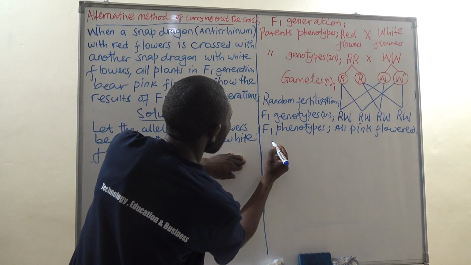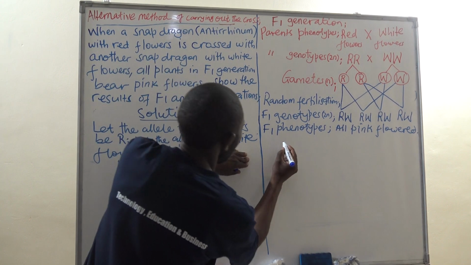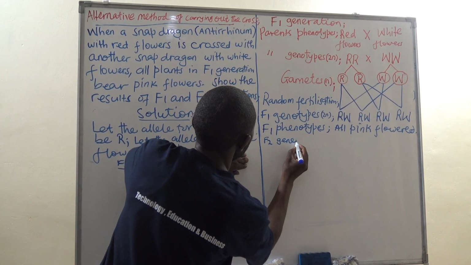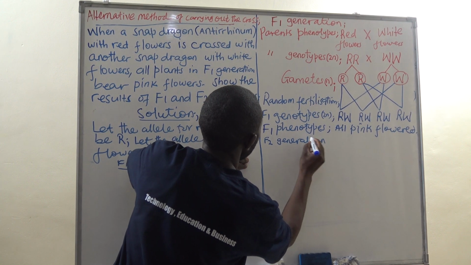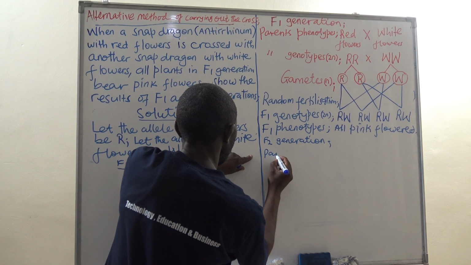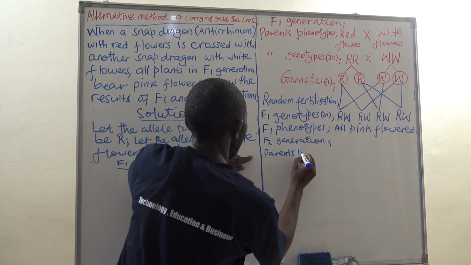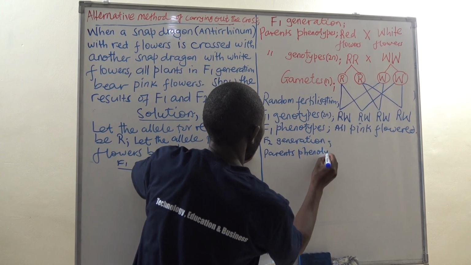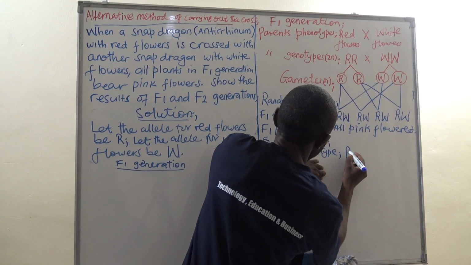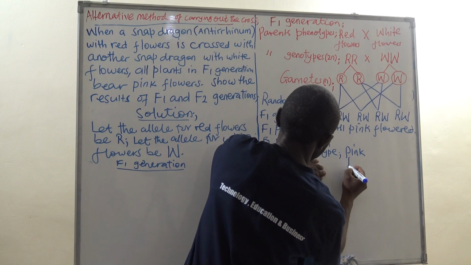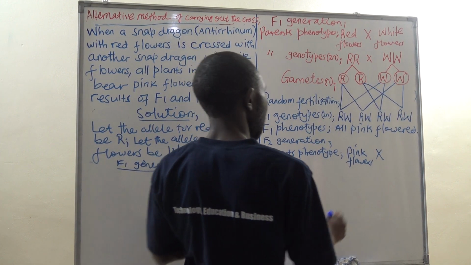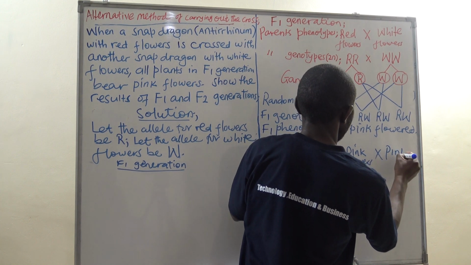On going to the F2 generation, we have parents phenotype: pink flowers, and we are crossing them with pink flowers.